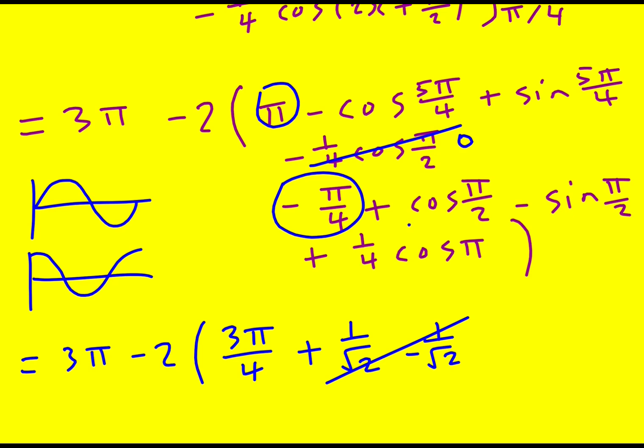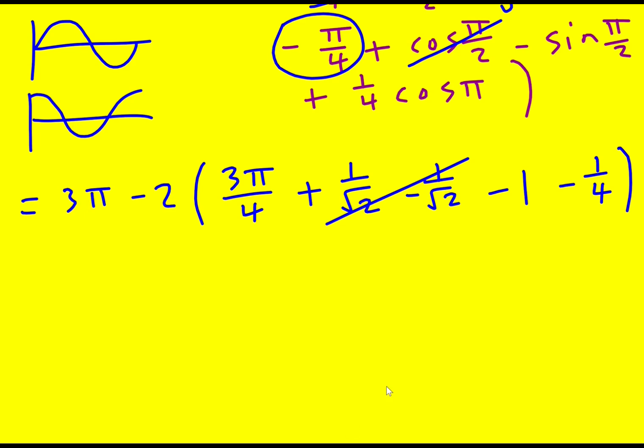And the same over here, in fact. The minus sine pi over 2 will be minus 1. And then cos of pi is equal to minus 1. So this will give me minus 1/4. Very easy to make mistakes, I think, but let's hope I haven't. So it's going to be 3 pi minus 3 pi over 2.